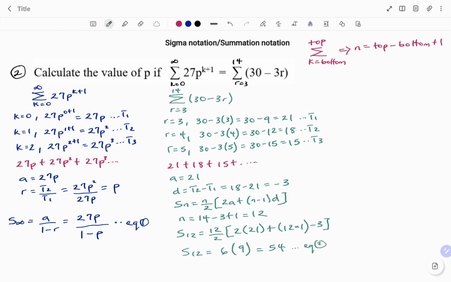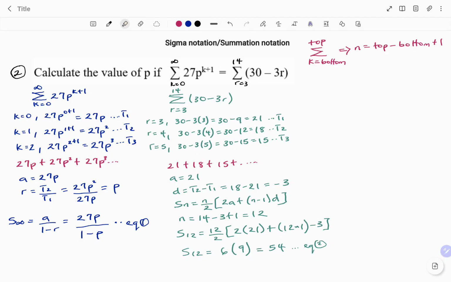So equating our two equations, remember, we've been told that our left-hand side is equal to our right-hand side. And we've been able to get the value of our left-hand side and likewise our right-hand side. So we're going to have equation 1 equals equation 2. Equation 1, we have that as 27p over 1 minus p, equals equation 2, that's 54.